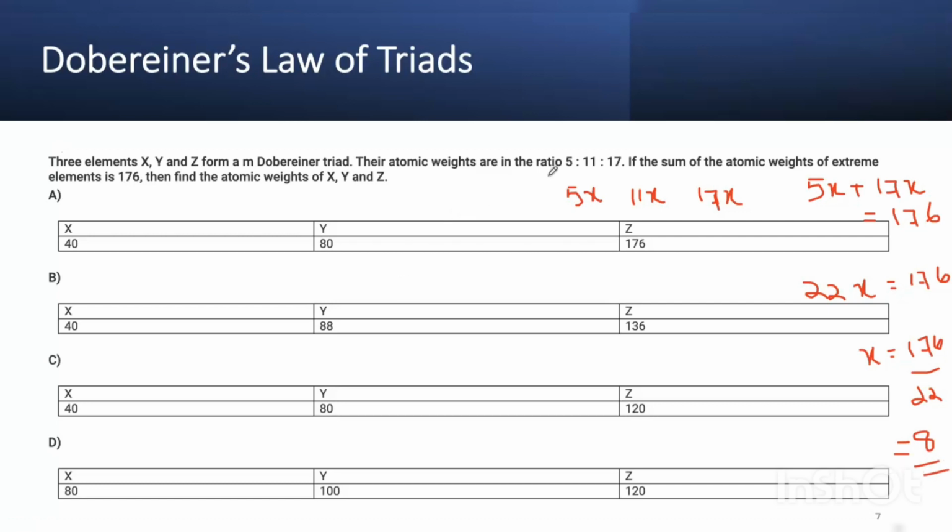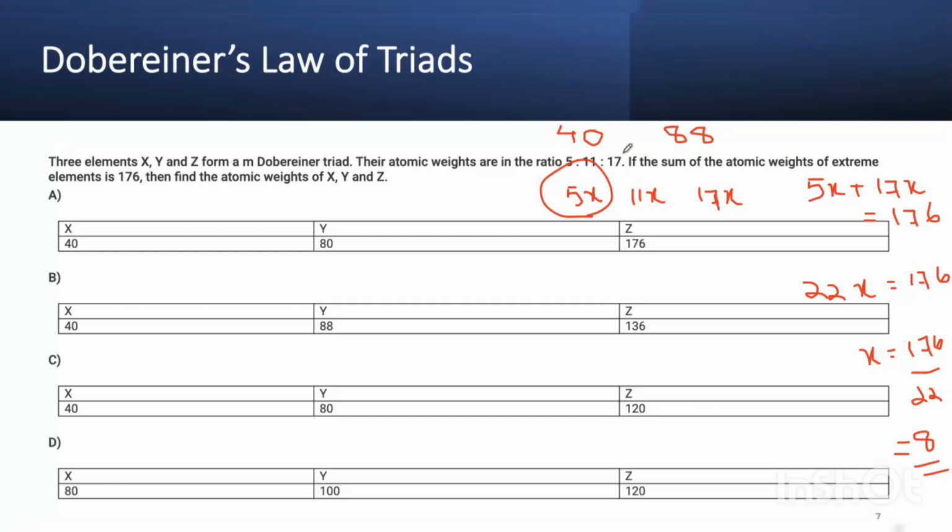So, what will be the atomic weight of X? Atomic weight of X will be 5x, that is 5 into value of x is 8. So, 5 into 8, 40. So, atomic weight of X is 40. Then, that of Y will be 11 into 8. That will be 88.